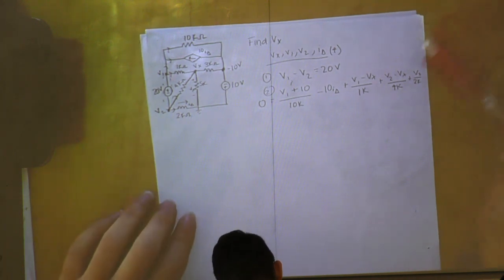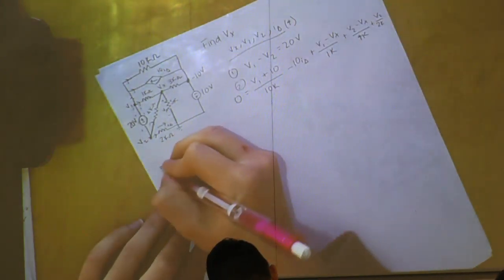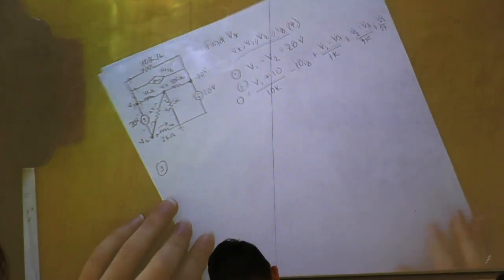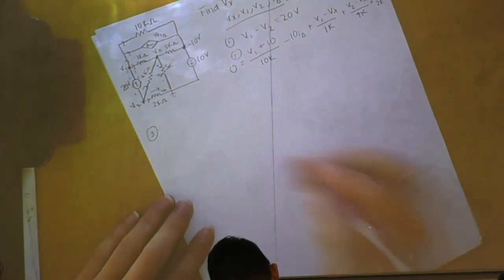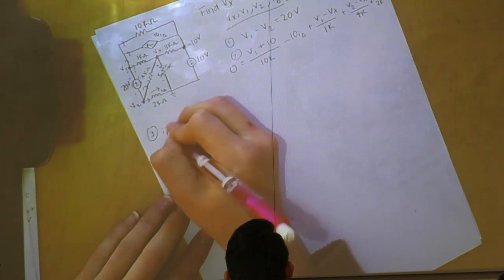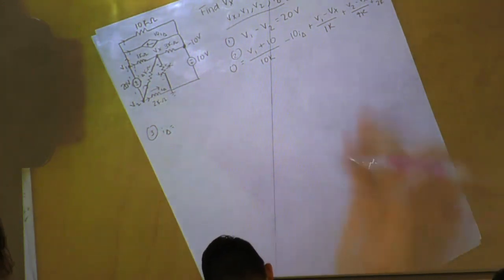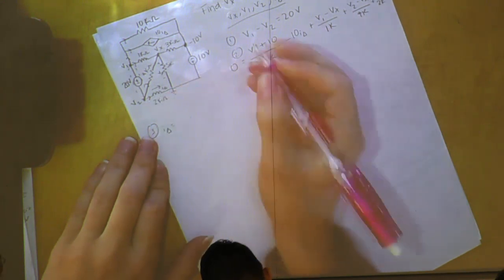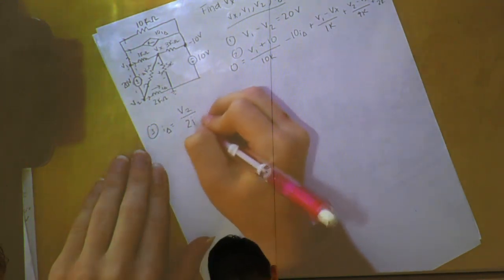So we're going to have to get rid of this I delta. Let's make an equation for that one. Our current for I delta is right down here at the bottom. It's connected to ground, so it's going to be V2 minus 0 all over 2K.